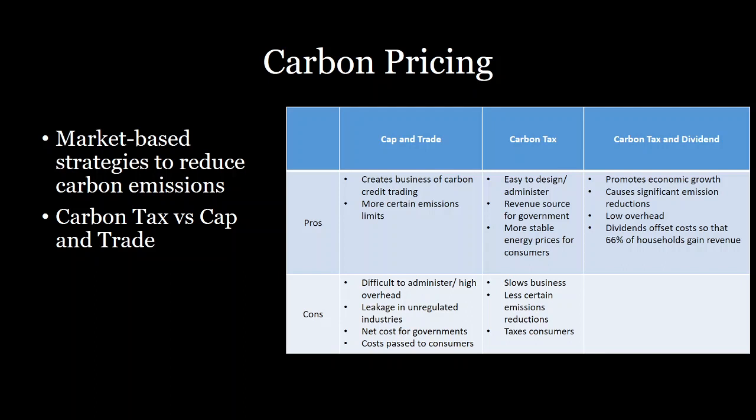And most of those dividends completely outweigh the costs. So over two thirds of households would actually gain money instead of losing it. And a lot of those gains go to lower income households instead of the higher income households that are using a lot of carbon.